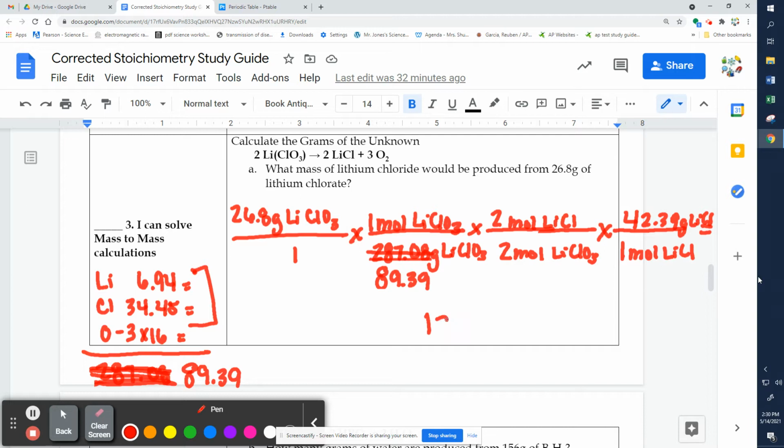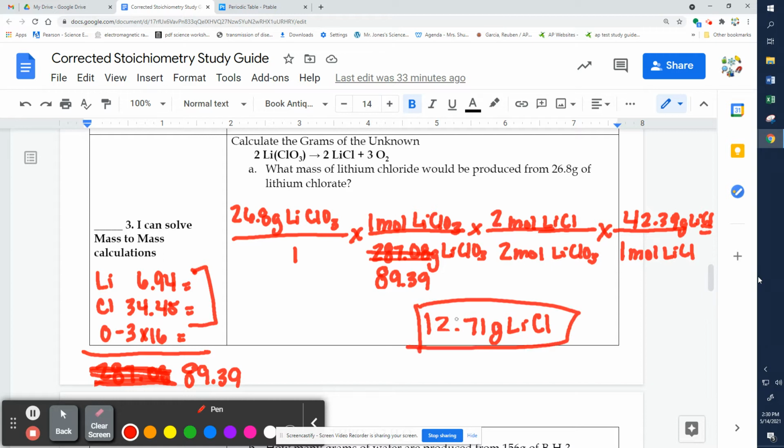My answer, much better, 12.71. And whatever this top is, this last unit, that is the unit on my answer.